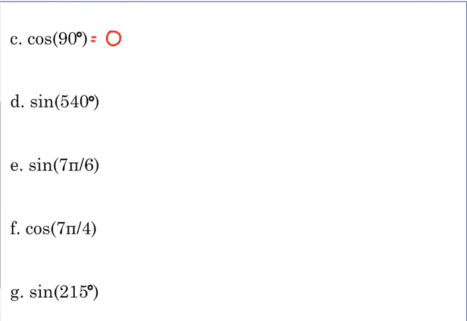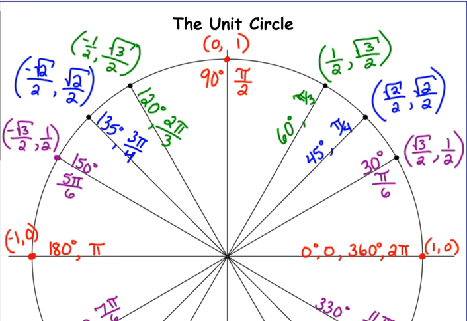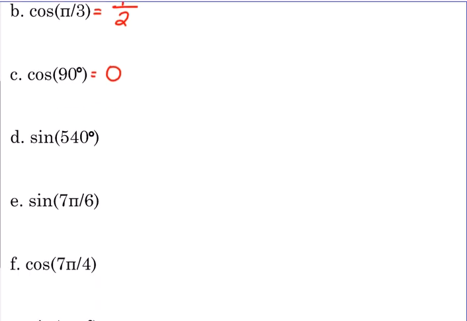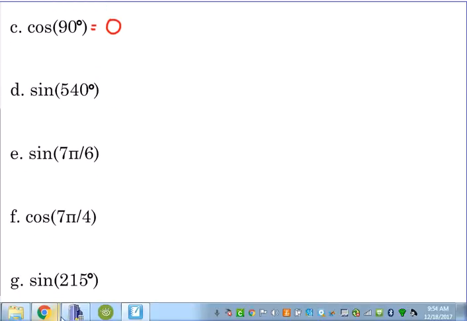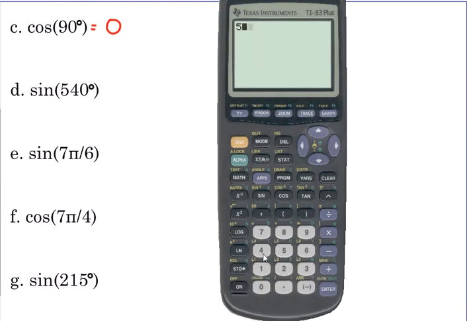D, the sine of 540 degrees. Well, we don't have 540 degrees on our unit circle. We only go to 360. Angles can be greater than 360. That just means you've gone around more than once. So to simplify this, we've already gone around once. So let's do 540 minus 360, because that's going around one time.